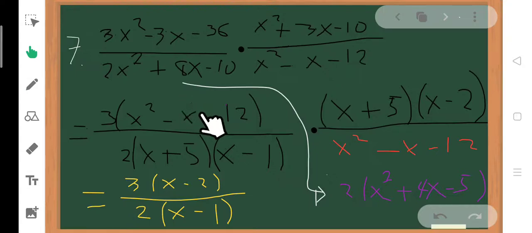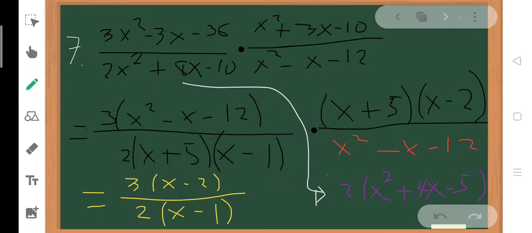So we have x squared minus x minus 12. I don't need to factor this even if there are two binomial factors for this trinomial. Since I could cancel this common factor here in the numerator and in the denominator, I would no longer factor them.